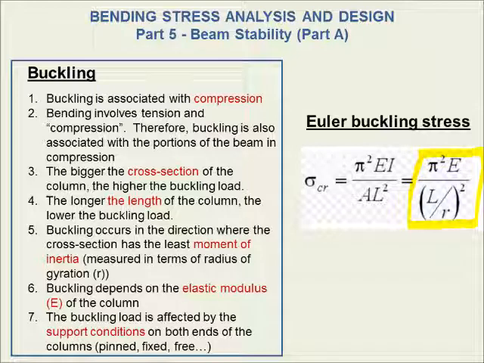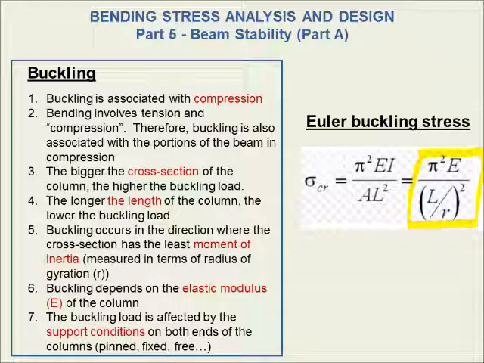Okay, now we have explored buckling in pure compression. And in the next video, we're going to talk about lateral torsional buckling, which has to do with the compressive portion of the beam that's in bending. So as we said in item number 2, bending involves tension and compression, therefore buckling is associated with the portions of the beam in compression.